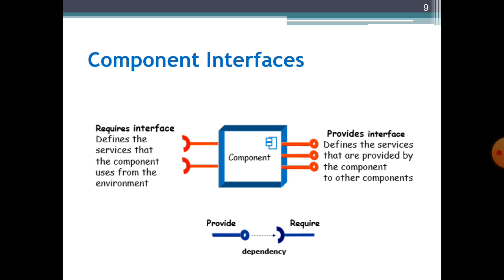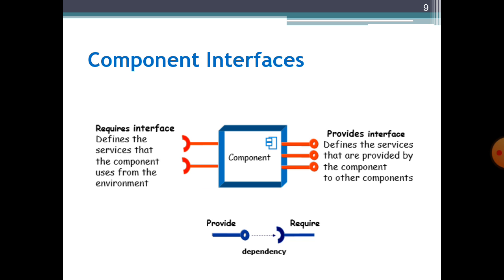This diagram shows how a component looks and what different interfaces any component has. The require interface is represented by this open angle, and the provide interface is represented by this closed circle loop. First let's discuss the require interface.